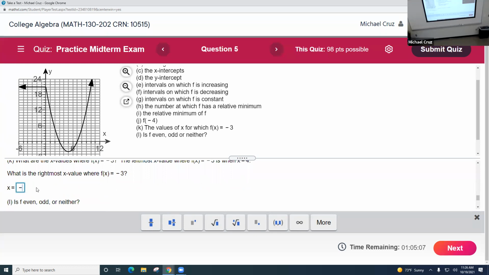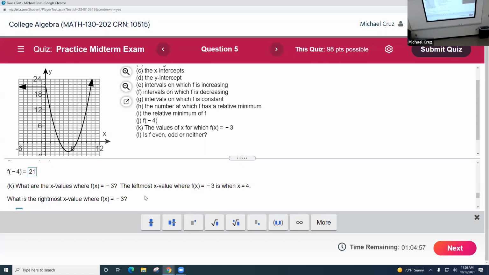Okay, I see what they're saying. All right, so I kind of messed it up right there, but they're giving you the functional value of F is equal to -3. So that means you're looking at Y is equal to 1, 2, 3. So then at F of X is equal to -3, there are two values, 6 and 4.